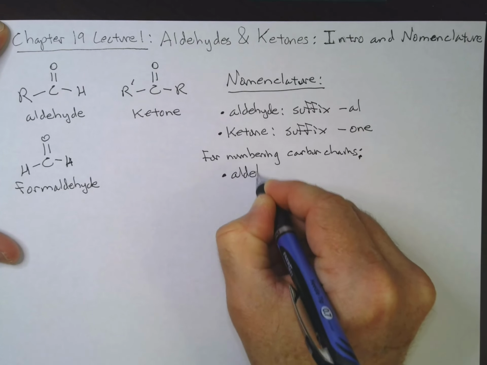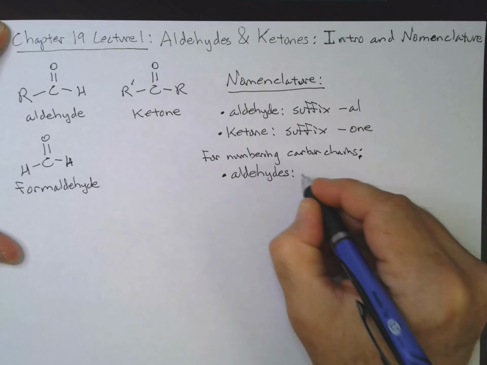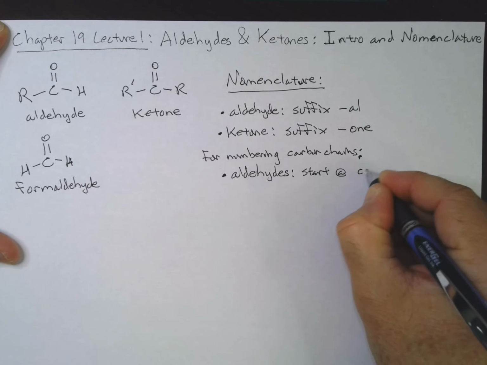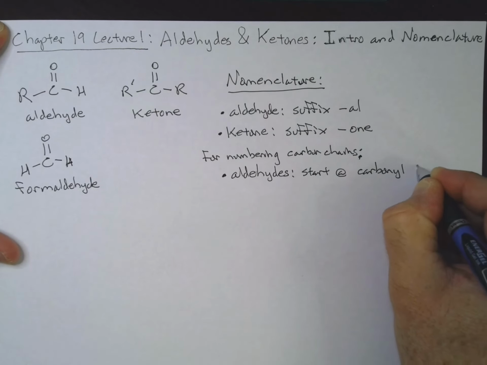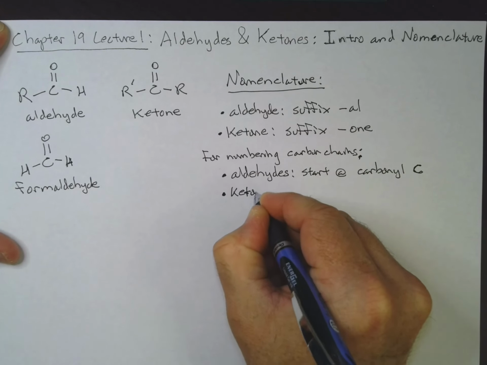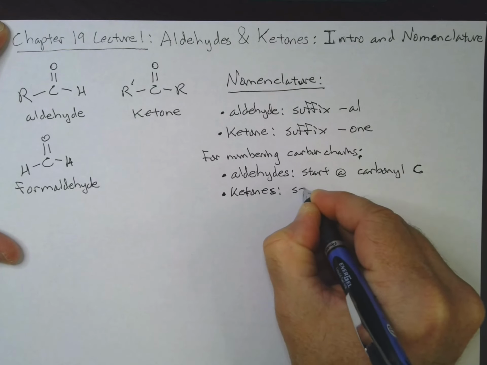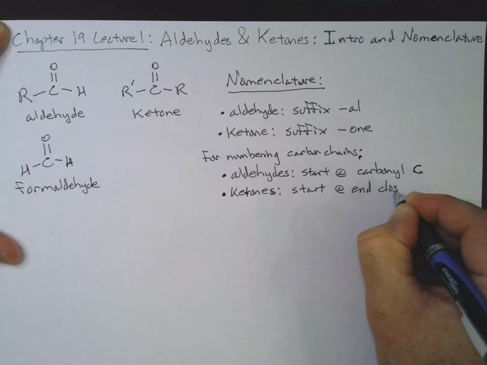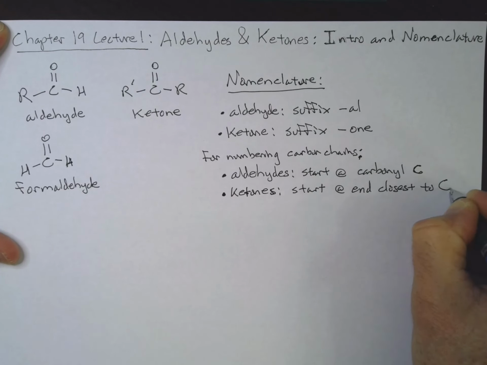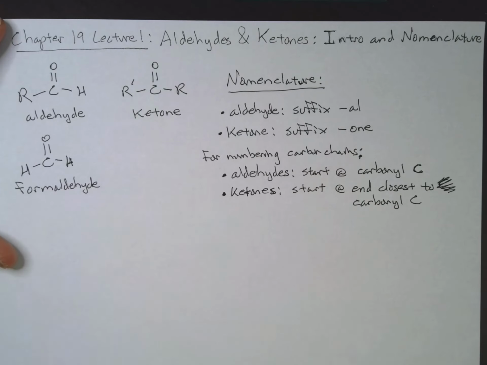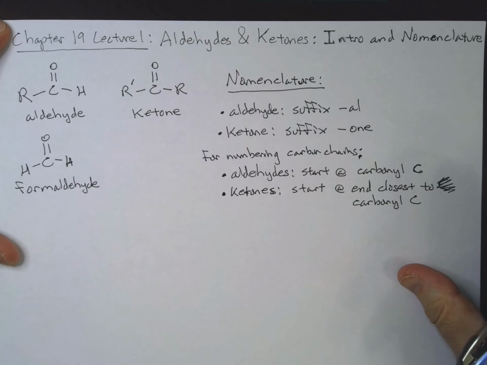For an aldehyde, start at the carbonyl carbon, and then for ketones, we're going to start at the end closest to the carbonyl carbon. Okay, we'll look at some examples in just a minute.